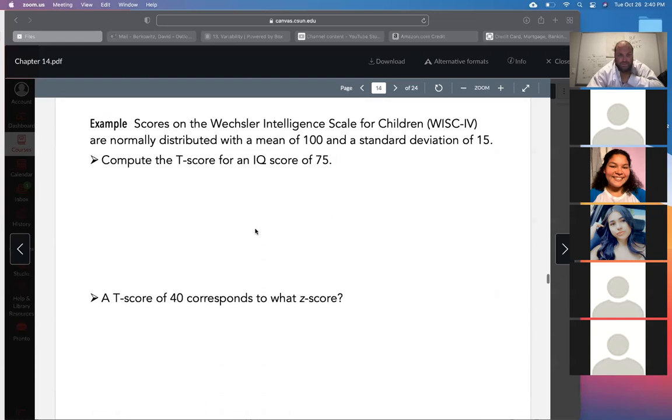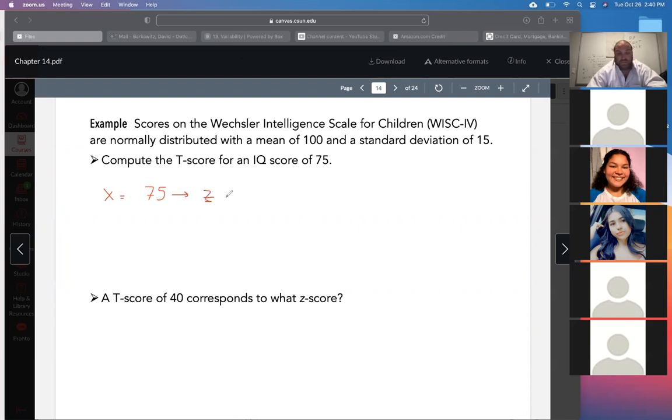So, example. Scores in the Wechsler intelligence scale for children are normally distributed with a mean of 100 and a standard deviation of 15. Compute the t-score for an IQ of 75. So the first thing we're going to do, the raw data is 75. That's your x. The first thing we need to do is compute your z-score.